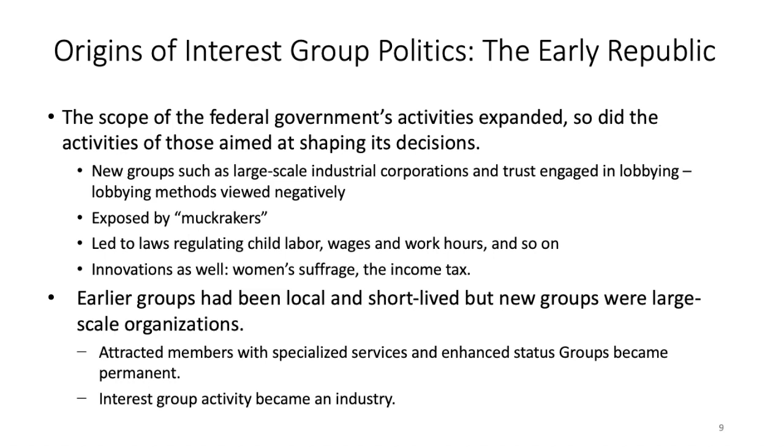But there were some good innovations that were created by lobbying groups, like women's suffrage and the federal income tax, which, odd that your book points out federal income tax was a good thing. Usually taxes aren't seen as a good thing. At any rate, earlier groups had been local and short-lived, but these new groups emerging in the early republic were really, really big, large-scale organizations.